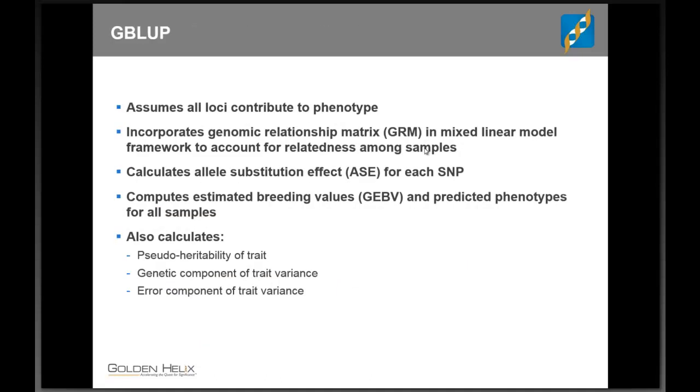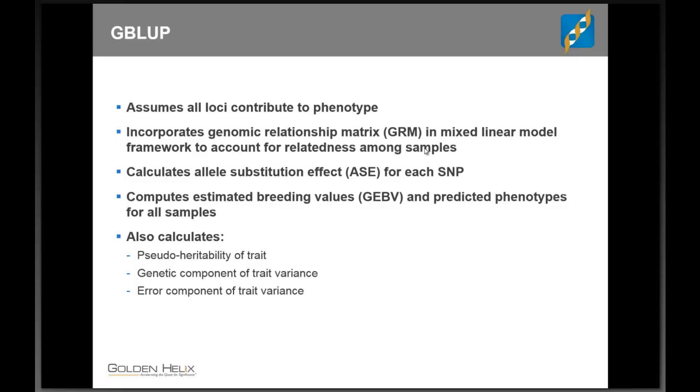So the first method that we're going to look at today is GBLUP, or Genomic Best Linear Unbiased Predictors. Just a few things to be aware of regarding GBLUP is that, to begin with, it assumes that all loci contribute to the phenotype. So again, whether you have hundreds or thousands or millions of genetic loci available, it will try to include all of them into a model.